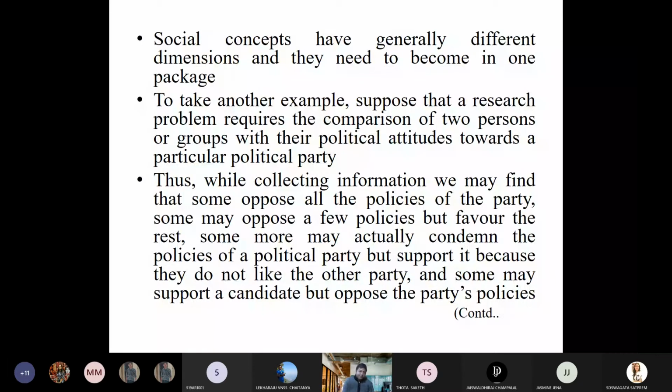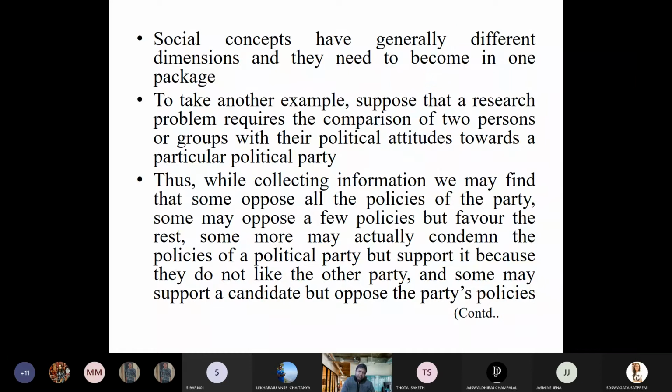If you ask somebody with yes and no, it is very difficult to measure, because whenever political parties come with their manifesto, you will never find any rational man who opposes all the manifestos of a particular party because of ideological differences. It is impossible, because we always accept some of the points and oppose some other points.